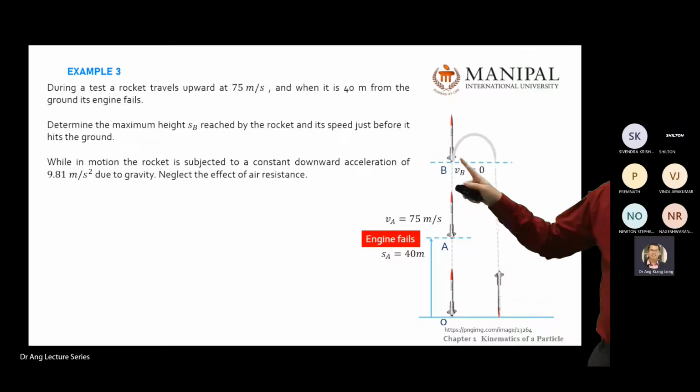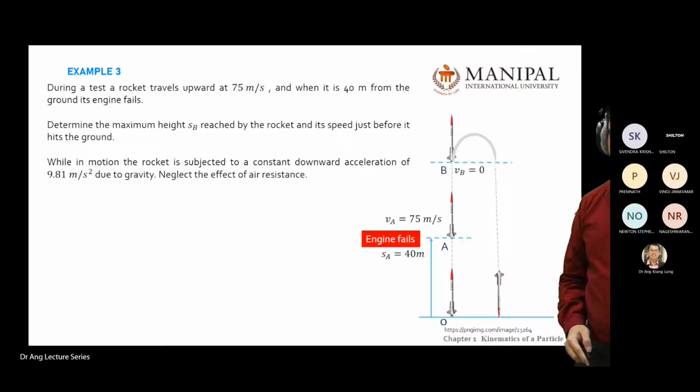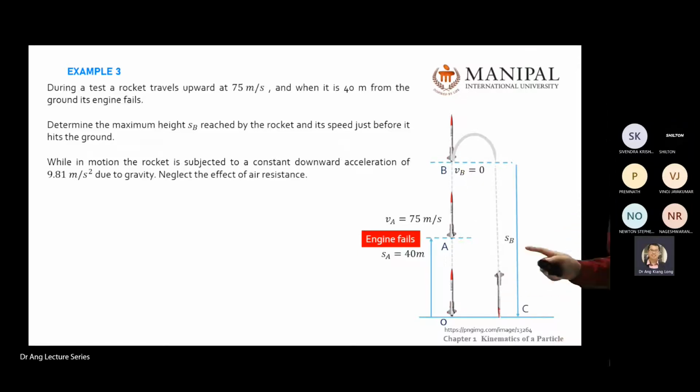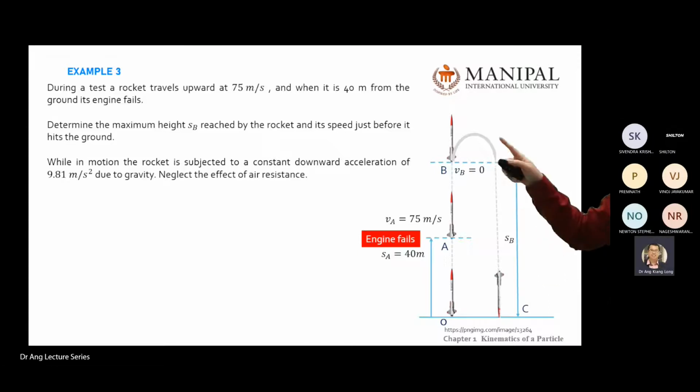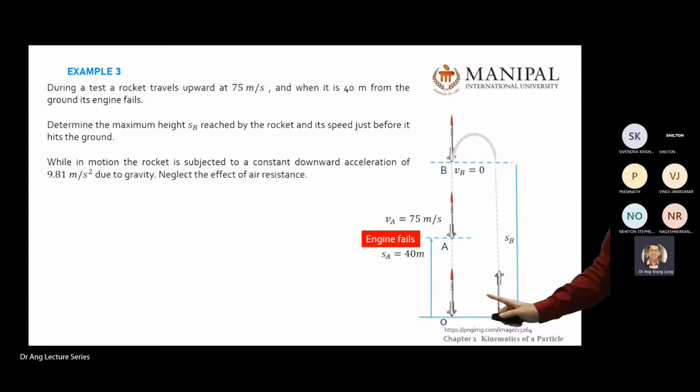You need to find the location of B where the velocity is zero. So this is S_B, which is from the ground until point B. And then I label the ground point where the rocket hits the ground C. So the location of C and O actually is the same.